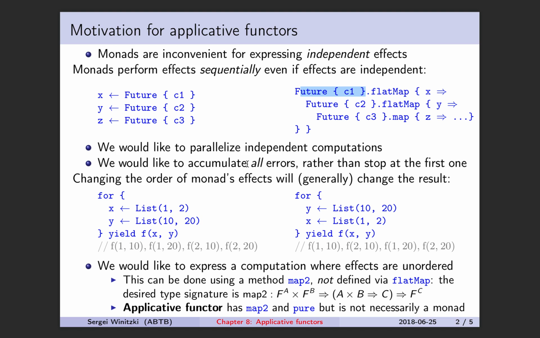But sometimes we don't want to stop at the first error. We want to maybe accumulate all errors as much as possible and then give the user more information. So monads cannot do that in general. They cannot accumulate all errors, because if one monadic step fails, then the next one won't be executed.